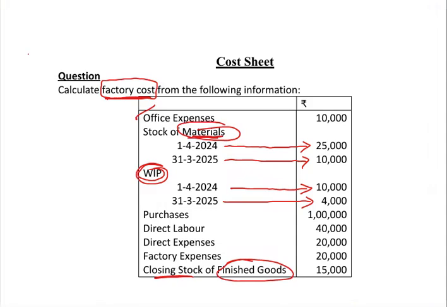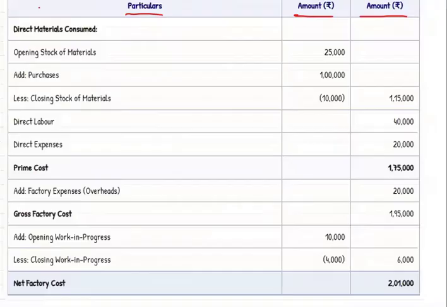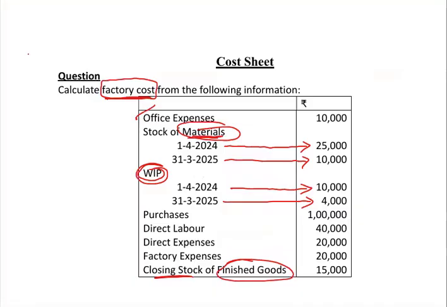We will prepare only the amount column, since the unit information is not given in the question. First, the direct material consumed: the opening stock of material, 25,000, which is given here.